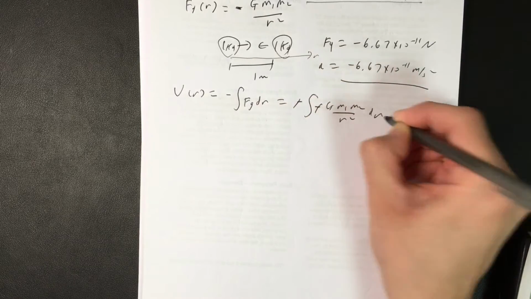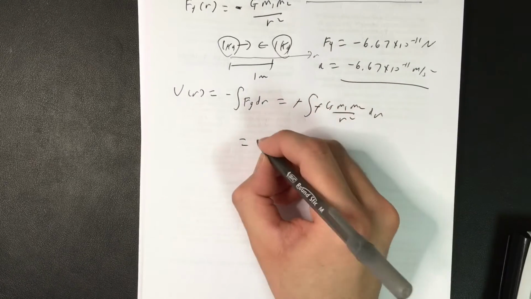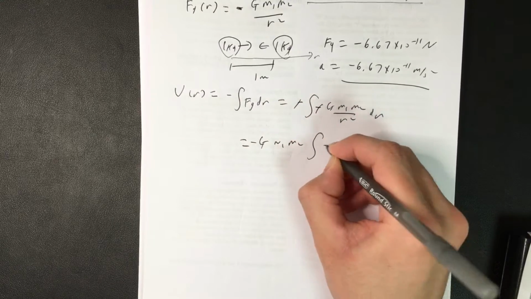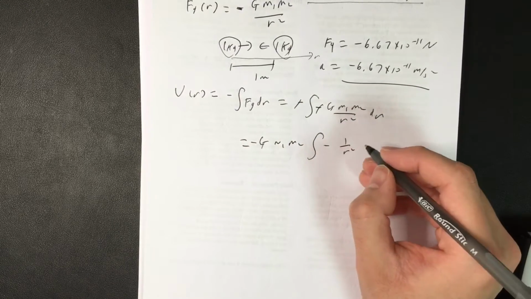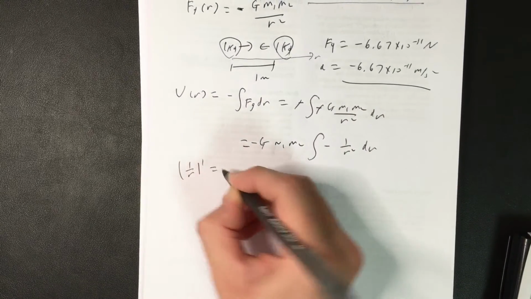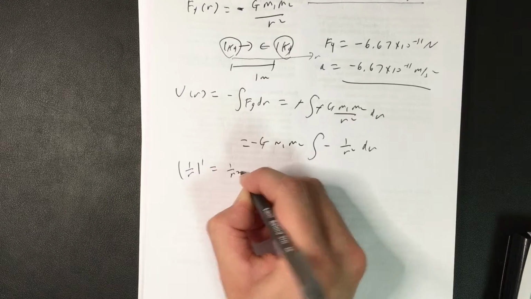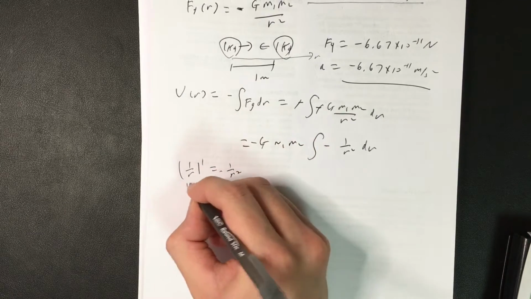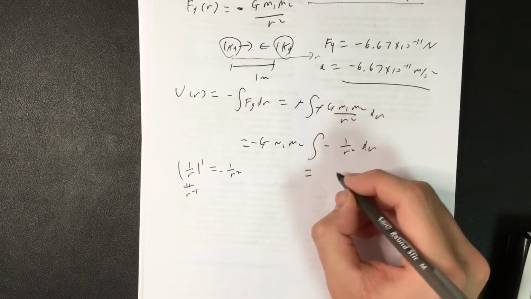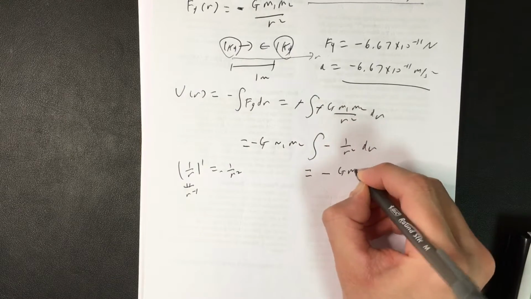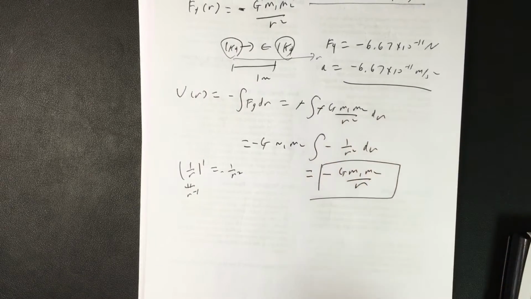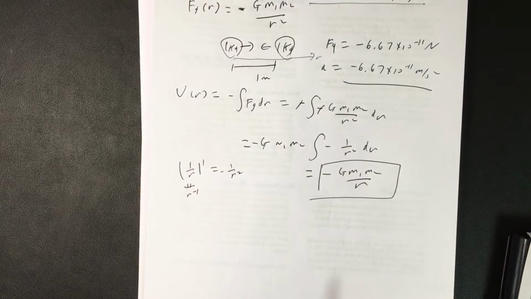Canceling out the signs, this becomes negative G m1 m2 times the integral of minus 1 over r squared dr. Now note that the derivative of 1 over r equals negative 1 over r squared, because this equals r to the negative 1 power. So therefore, this integral simply becomes negative G m1 m2 over r. And this is the potential energy function of gravity.